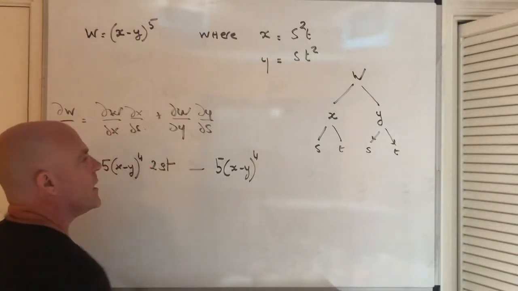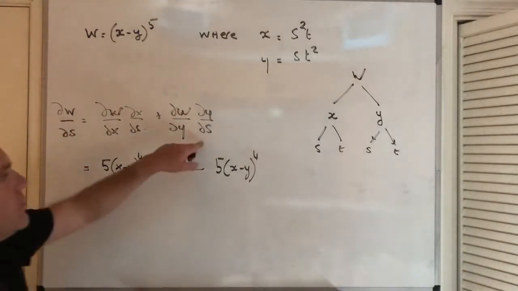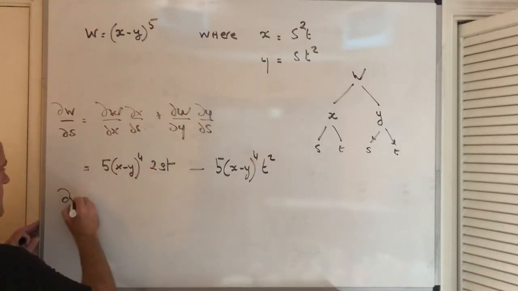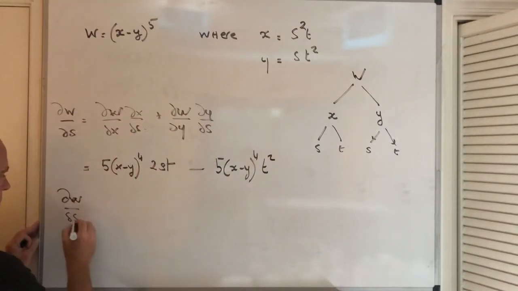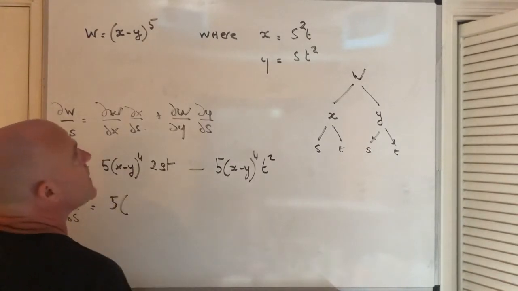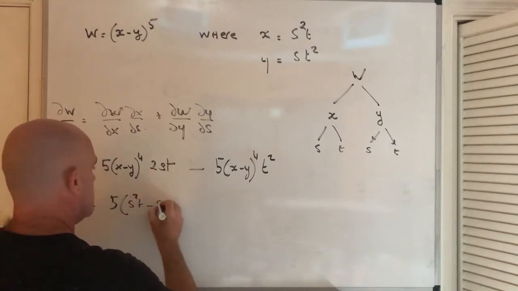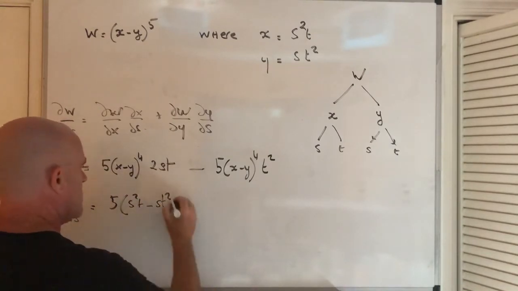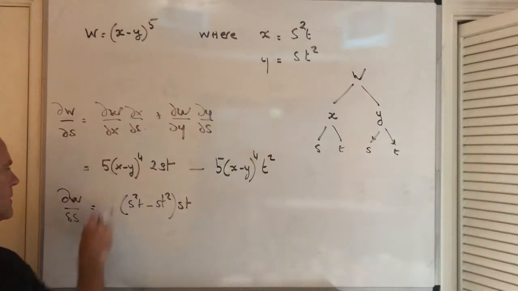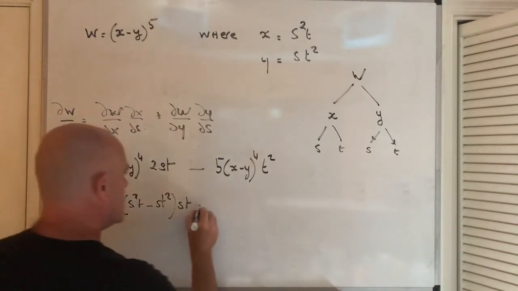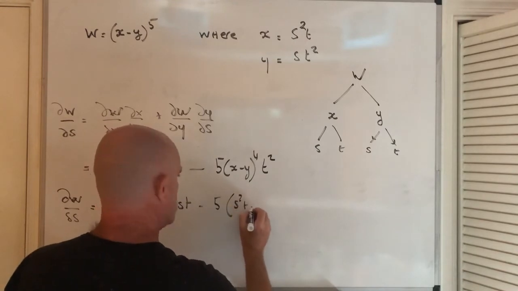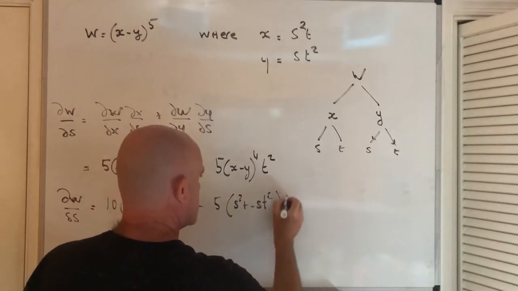I mean, the coefficient attached to y is minus 1 times dy over ds, but dy over ds is t squared. So this leads to dw over ds equal, okay, so you just replace, so times st, and the 2 becomes 2 times 5, that is a 10, minus 5, well, pretty much the same thing as squared t minus st squared times t squared.